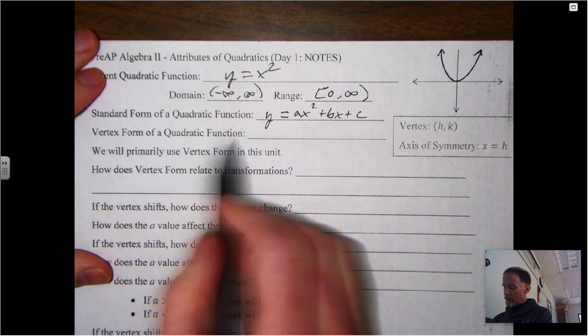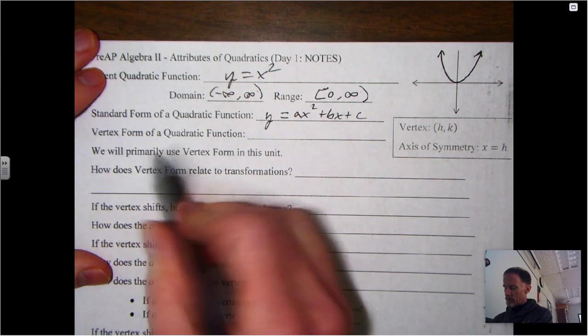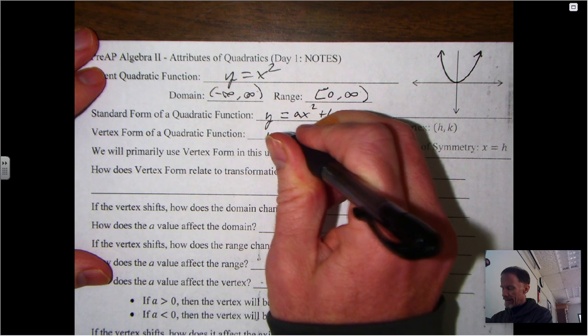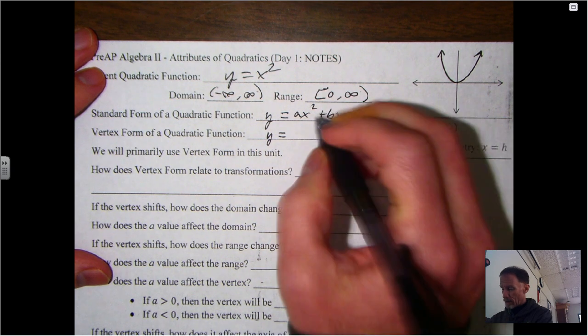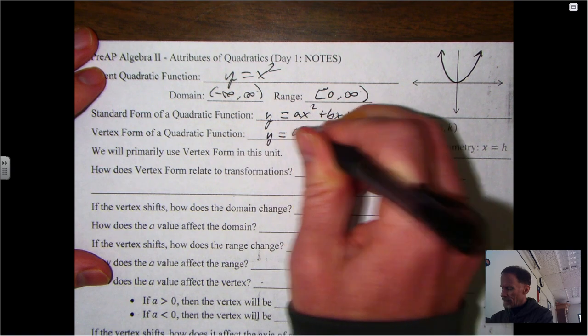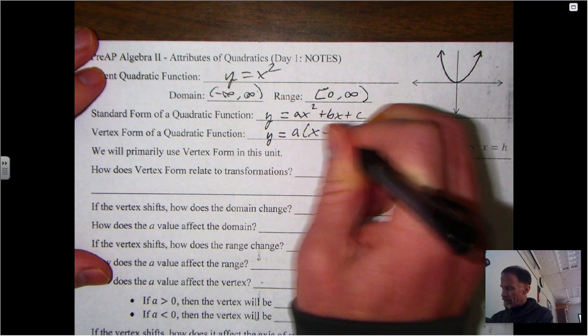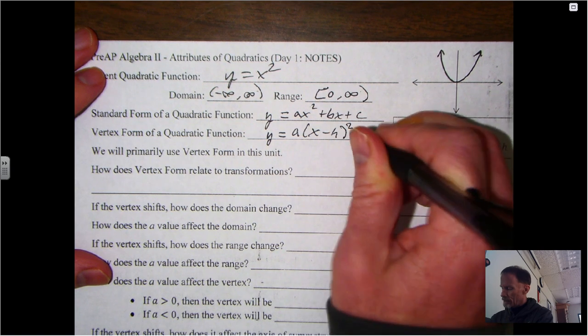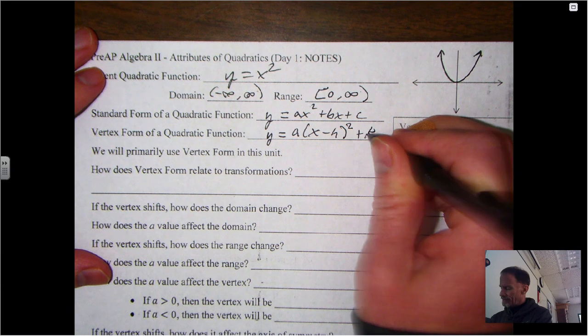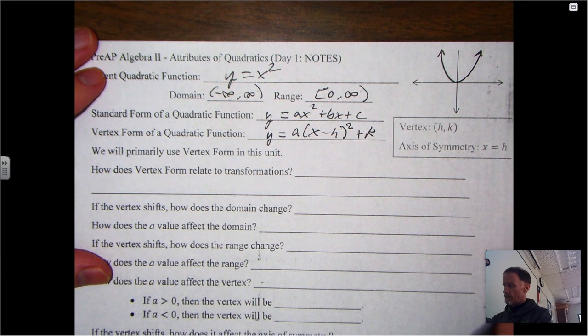But what we're going to be dealing with a lot in this unit is what's called vertex form. It's going to look a whole lot like transformations that we've already seen in some other functions. So vertex form is y equals a times parentheses x minus h squared plus k. Again, think of this in terms of transformations.